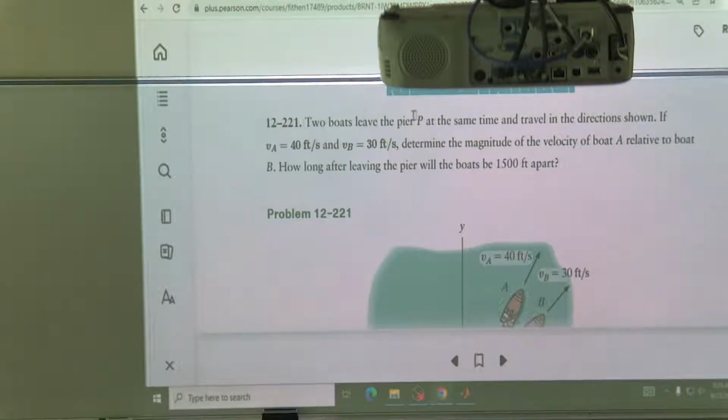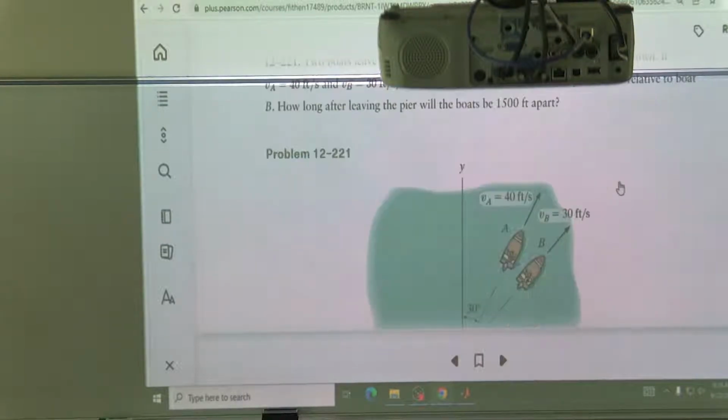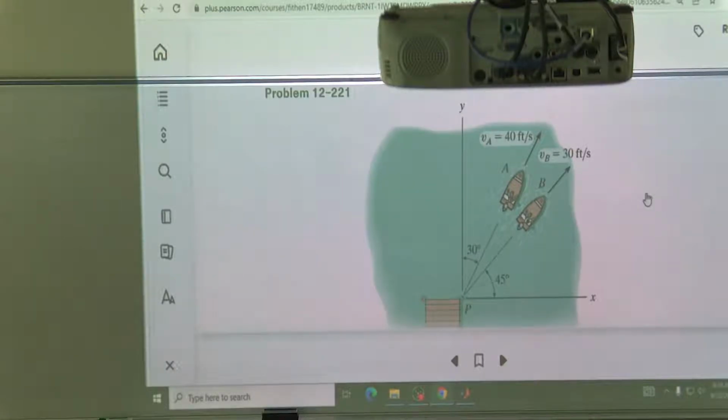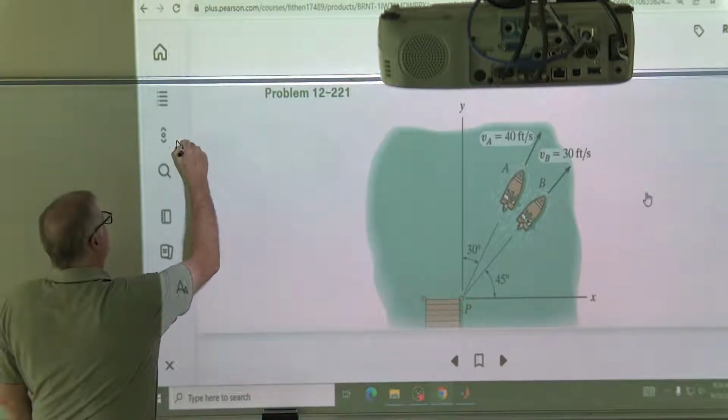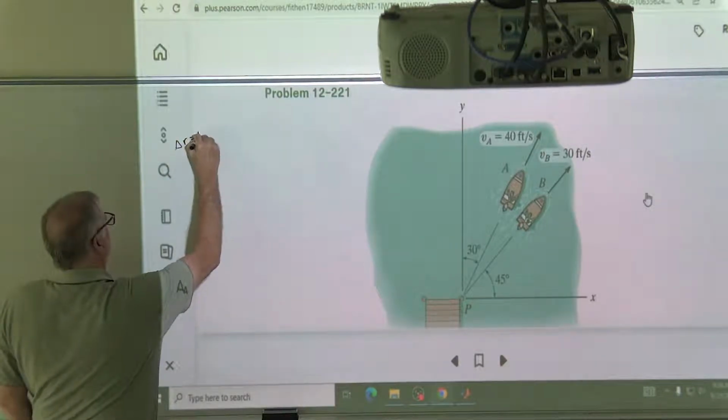Okay, I'm going to have to assume the boats are moving at a constant speed. So 1,500 feet apart. Let me make a note of that: delta R equals 1,500 feet.